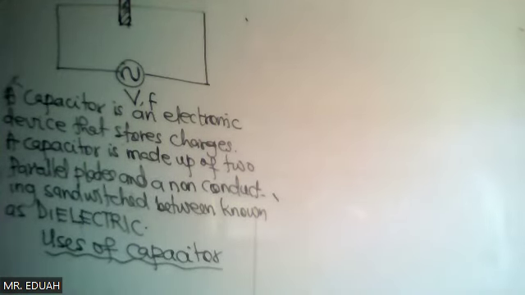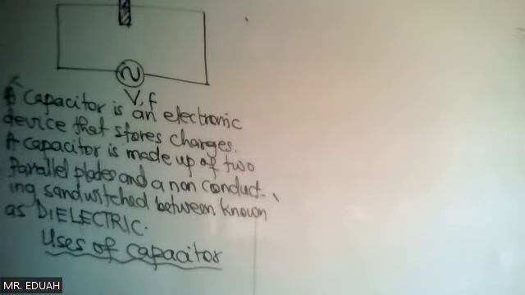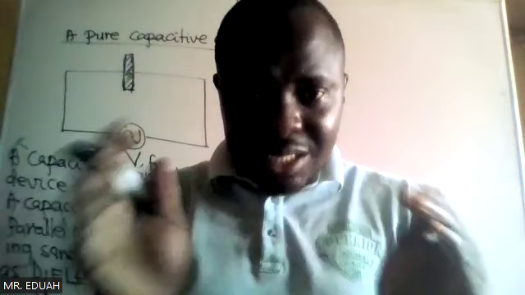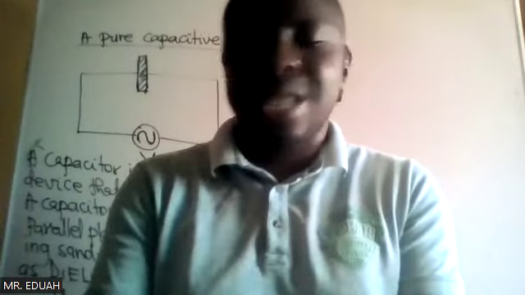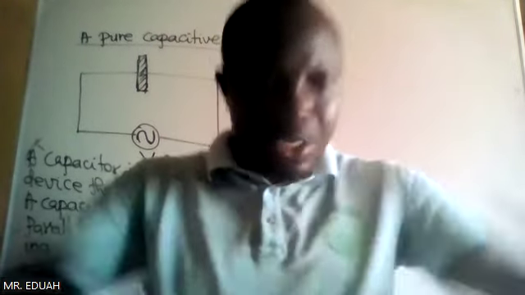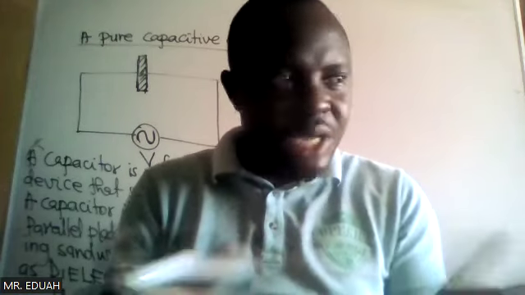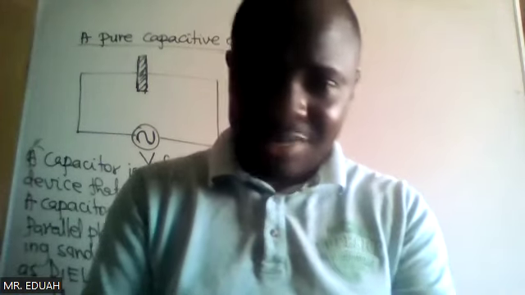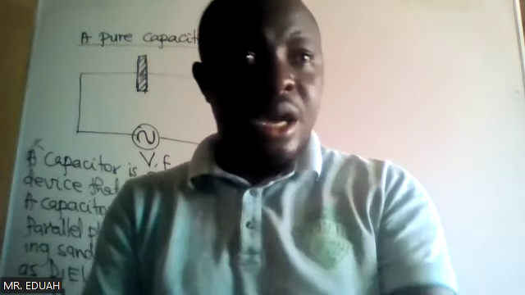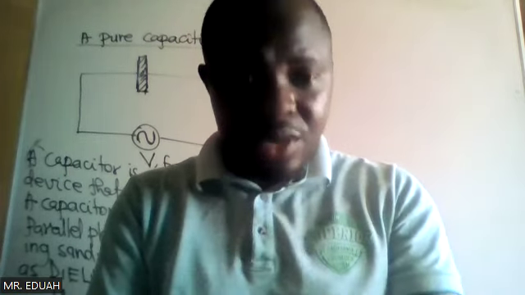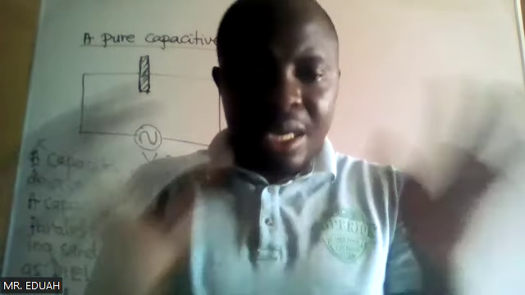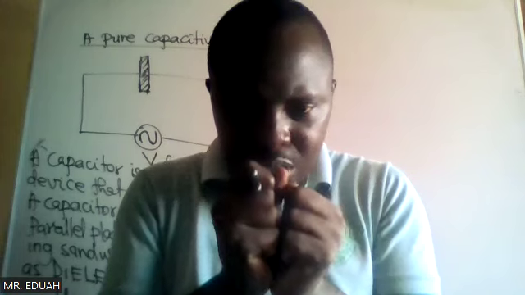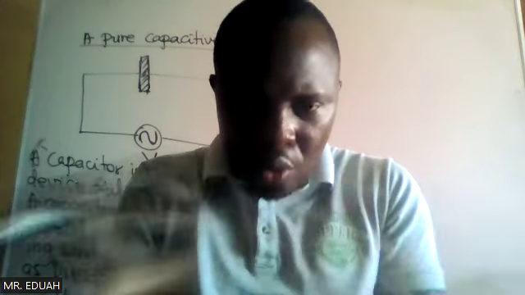We said that the capacitor is used to store charges. So all devices that store charges for a while have a capacitor within as part of their circuitry. So most electronic equipment have capacitors. These days, your LED, LCD TVs: when the light goes off, it's able to stay on for some time and then go.